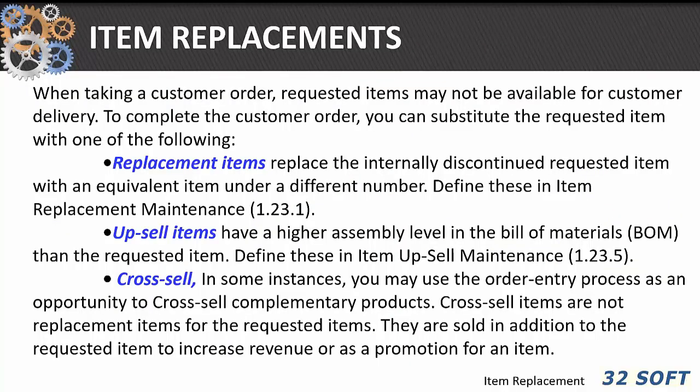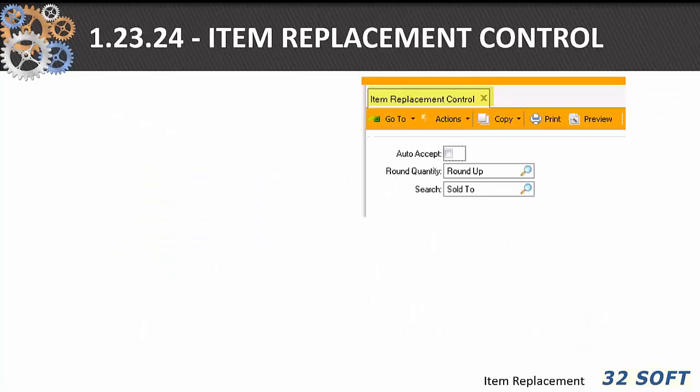Item replacement, this is a relatively new functionality. This allows you to set up, as you're entering orders into the sales order process, to have the system in the background actually recommend to you replacement items, upsell items, or cross-sell items.